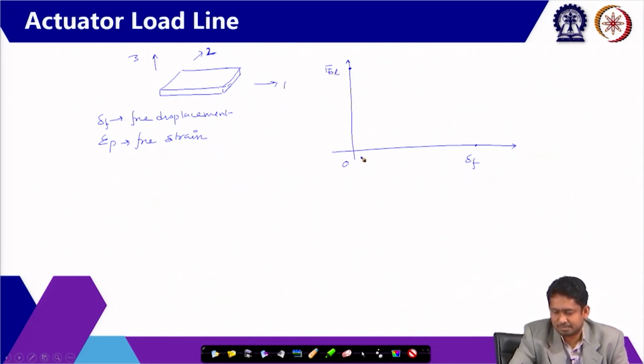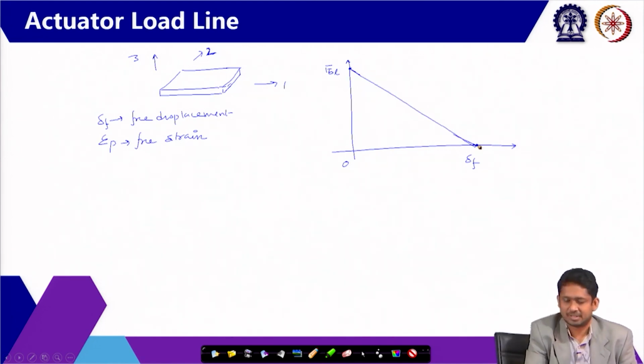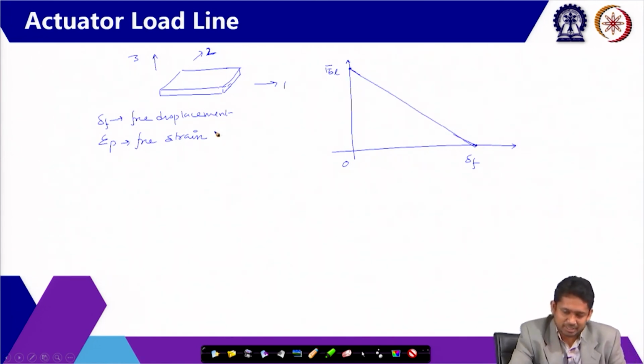So, when the force is 0, we get the maximum amount of displacement. When the force is maximum, we get 0 displacement, and in between them it has some variation. Now, if our actuator is linear, then the variation in between is also linear. If the actuator is nonlinear, then the variation would be nonlinear. We are not going there, we are assuming our actuator is linear. So, it would have a linear variation, and this is called actuator load line.